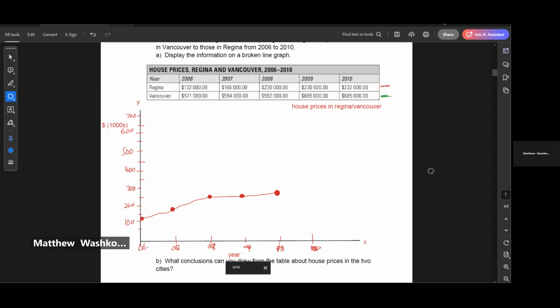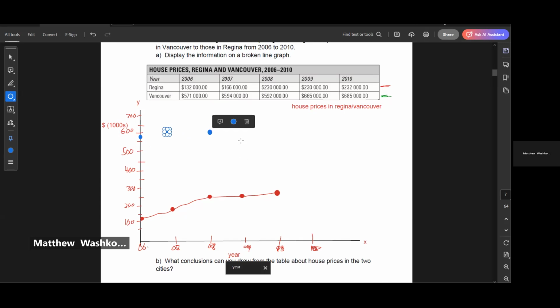Now let's do the same for our Vancouver one. In Vancouver, it starts at 571, which is about right here. In 2007, almost $600,000. We'll put that right about here. 2008 looks like it goes to about 592,000, so about the same.